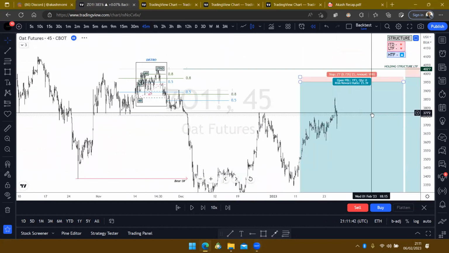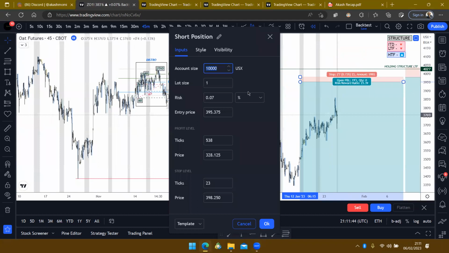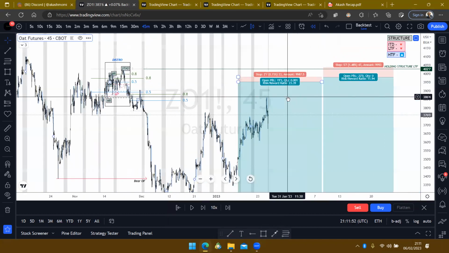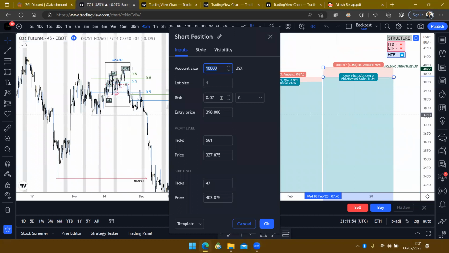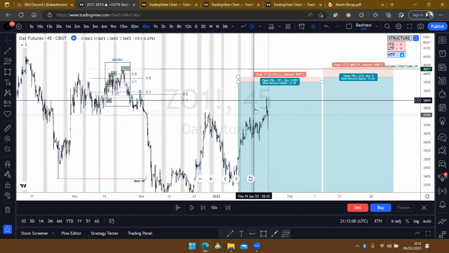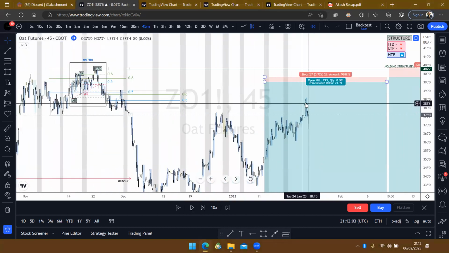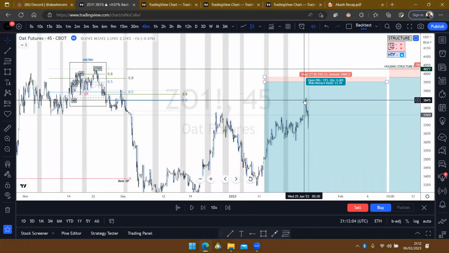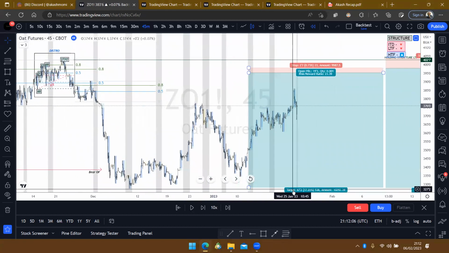Let's actually do something. If this was a 100K account, I would throw 0.125 on here, and then 0.125 on here, and that would make up my 0.25. And this is slingshot, so this will be a different risk.